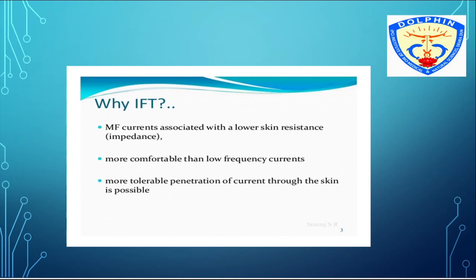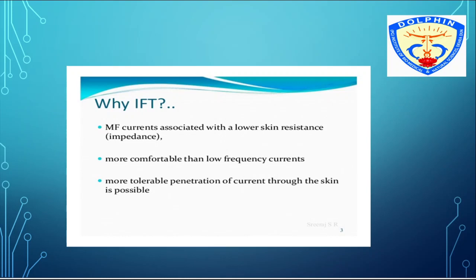The lower the stimulation frequency, the greater the impedance to the passage of the current, so more discomfort is experienced as the current is pushed into the tissue against the barrier. So the skin impedance at 50 hertz is appropriate. If we are using 3200 or 4000 hertz frequency, it will produce a 50 hertz frequency in the patient's skin when we are applying IFT.